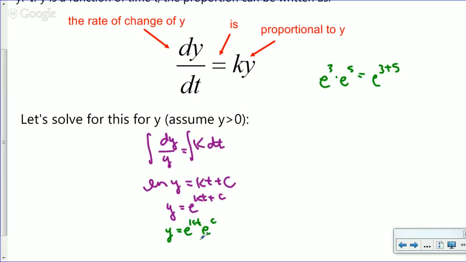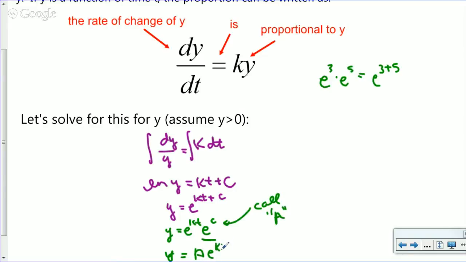Okay, why did I do that? Well, this part here, e to the c, is just some other constant, isn't it? E is a constant, c is a constant, so a constant raised to a constant, that's just some other constant, and textbooks typically call that constant a. All right, so what I'm going to have is y equals e to the kt times a, or how we typically see it, y equals a times e to the kt.